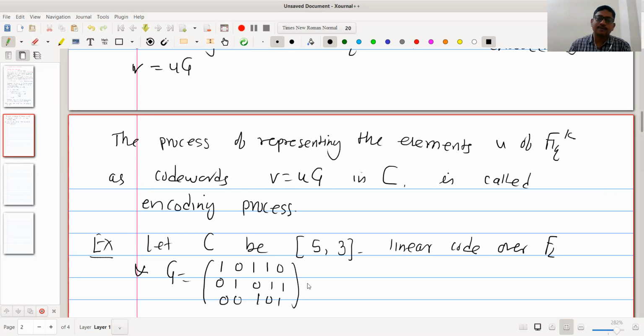Writing this matrix as generator matrix means the row vectors of this G form a basis for C. Let G be the generator matrix.